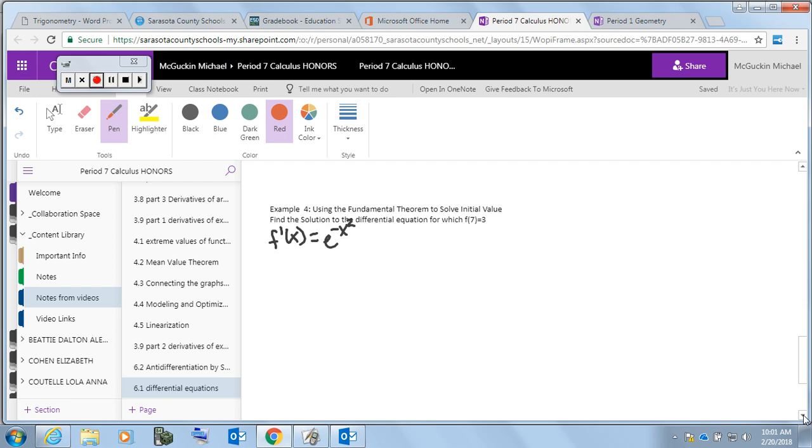What does that look like? Well, by the fundamental theorem, f of x is equal to the integral from x equals 7 to whatever x's limit is. I don't know what that limit for x is.